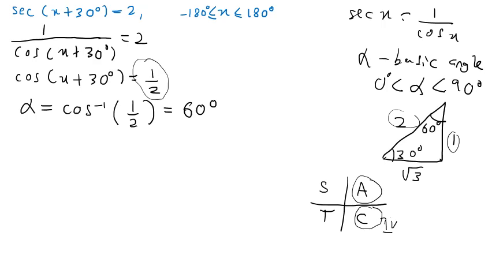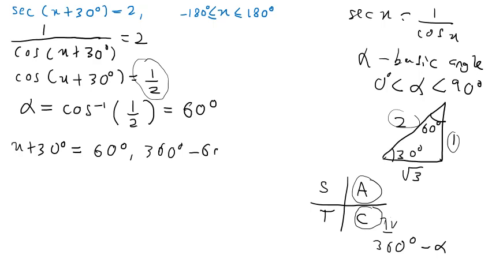So the value of x plus 30 degrees can be 60 degrees, and in the fourth quadrant, usually we subtract from 360 degrees. So 360 minus 60 degrees will give you 300 degrees.